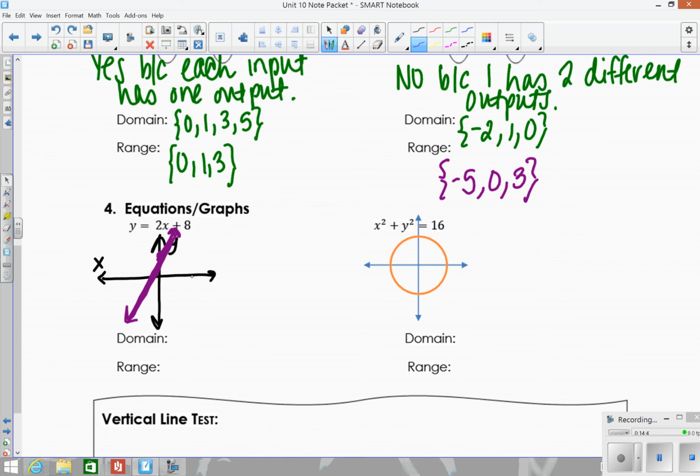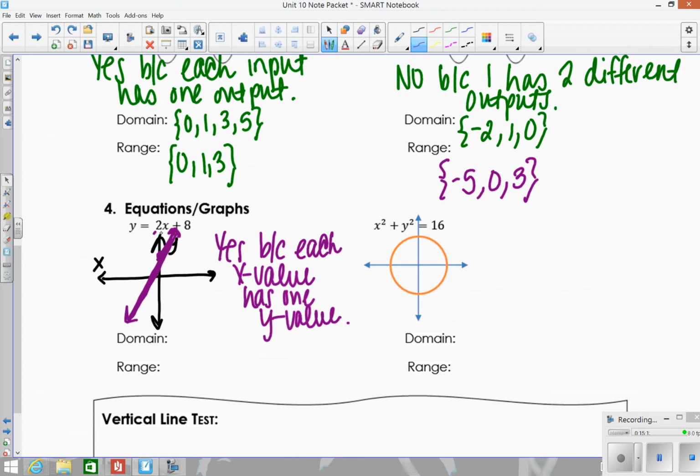So for any x value along this line, you're only ever going to have one output or one y value. So this would be a function because each x value, or you could say input, that's what we've been saying, each x value has one y value. So think about when you plug in x into this equation, there's only one y value that you can ever get out.